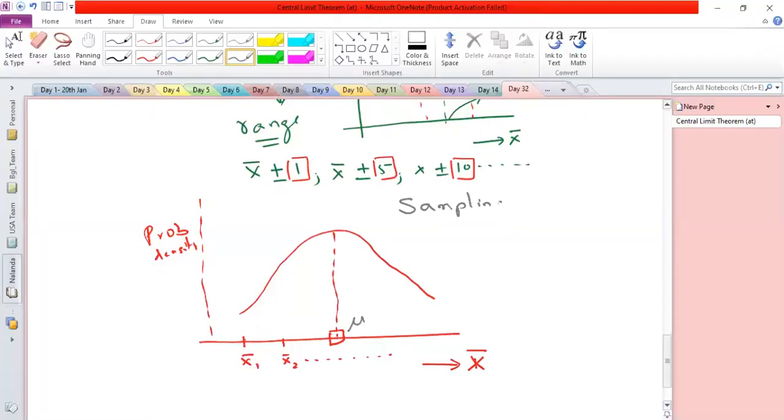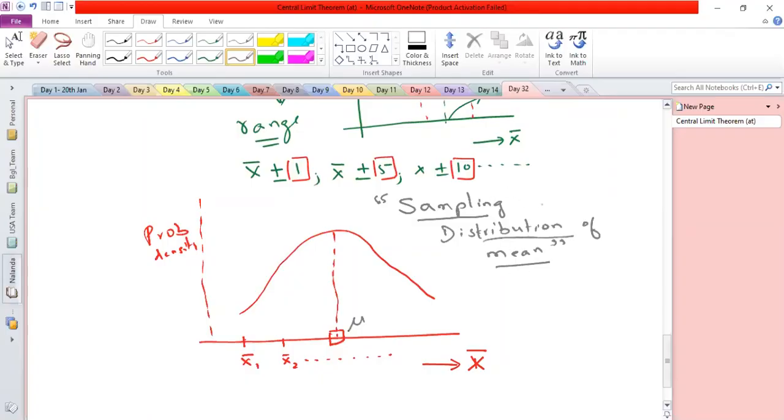Please remember, note down in your notebook. It is called sampling distribution of mean. Mean is a statistic. Guys, remember this. See the wording: sampling distribution of mean.